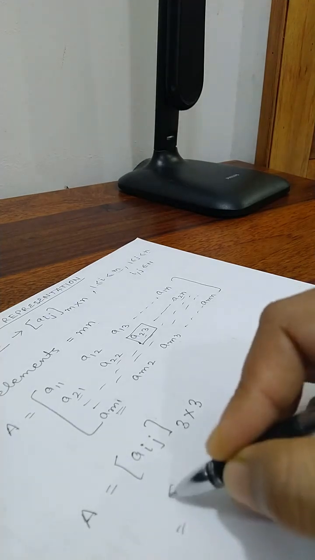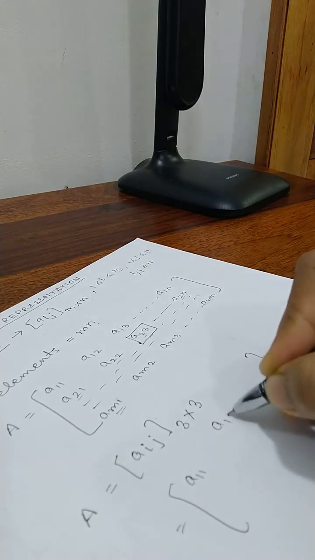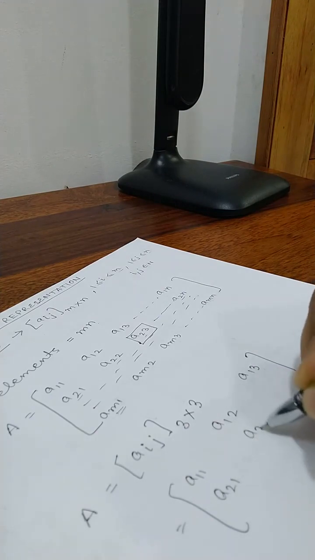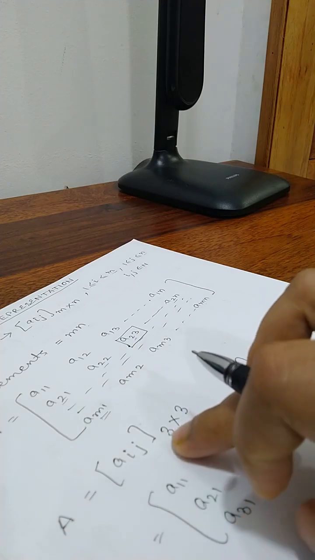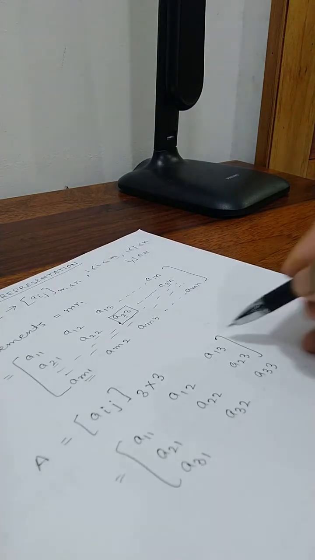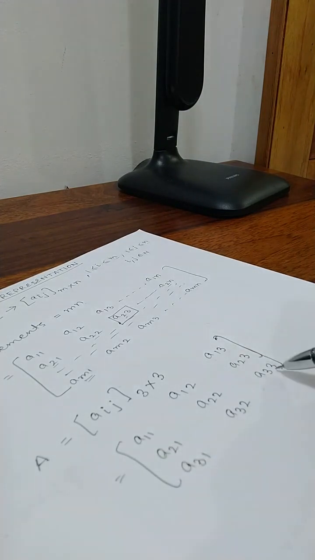So this would be a11, a12, a13, a21, a22, a23, a31, a32 and a33. So we have 3 rows and 3 columns.